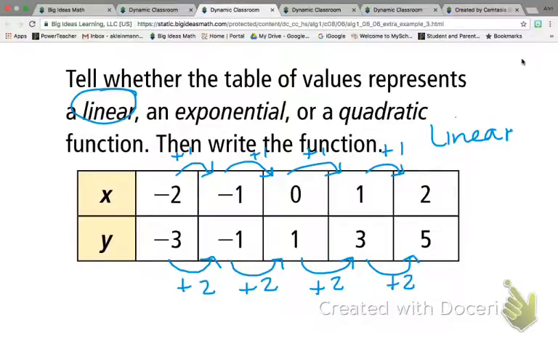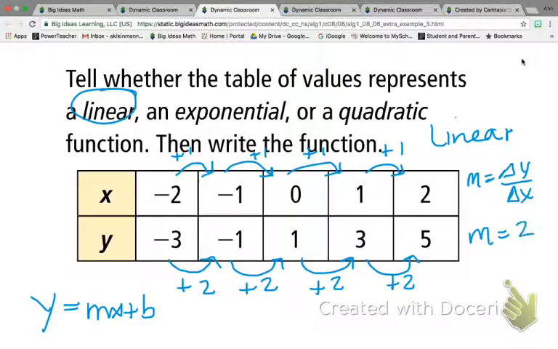And if you can recall, when we write a linear equation in y equals mx plus b form, we have to calculate the slope, or the change in y. So m is equal to the change in y over the change in x, and in this case, it's equal to 2 over 1, or simply 2.